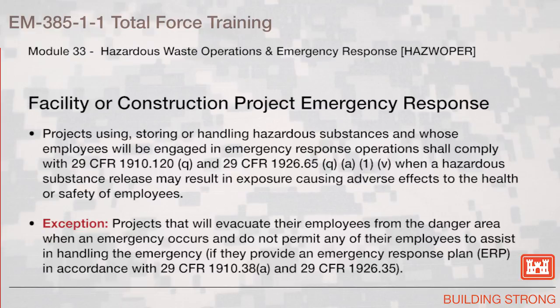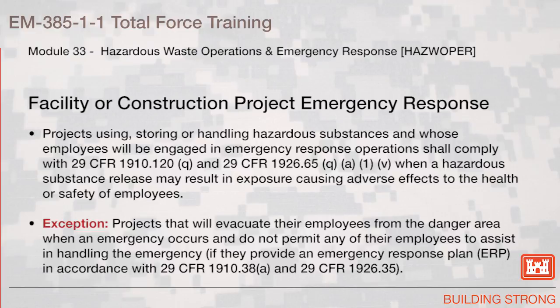Facility or construction project emergency response. Projects using, storing, or handling hazardous substances and whose employees will be engaged in emergency response operations shall comply with 29 CFR 1910.120(q) and 29 CFR 1926.65(q)(1)(v) when a hazardous substance release may result in exposure causing adverse effects to the health or safety of employees.